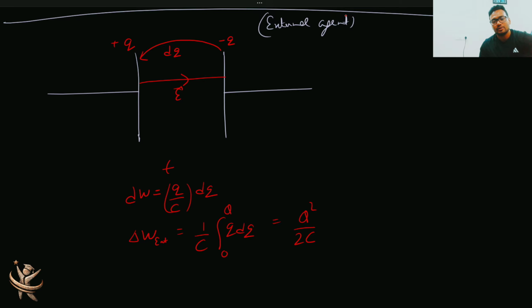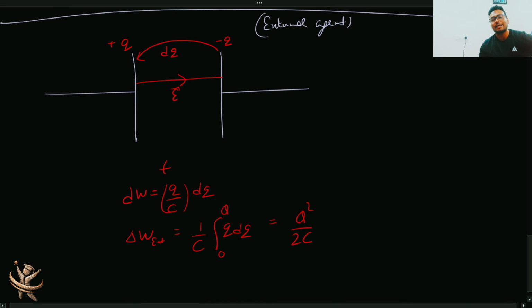Q square by 2C. Now in this case, you can say, sir, electric field तो यहाँ पर भी है, flux तो यहाँ पर भी change हो रहा होगा. So in order to omit that, we can imagine the situation like I am shifting this charge in a very slow manner. Slowly आपने छोटा सा dq charge transfer किया, then wait for some time, then again you are shifting this dq.